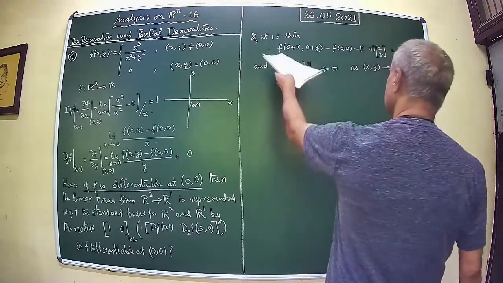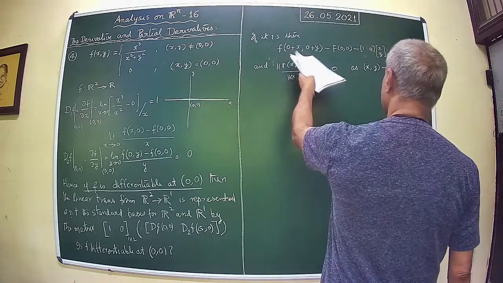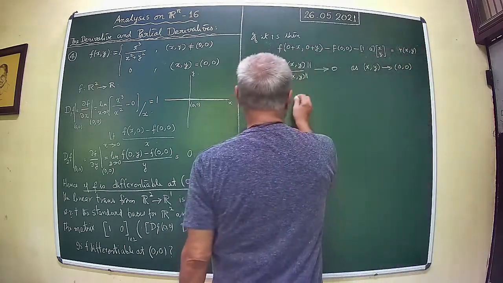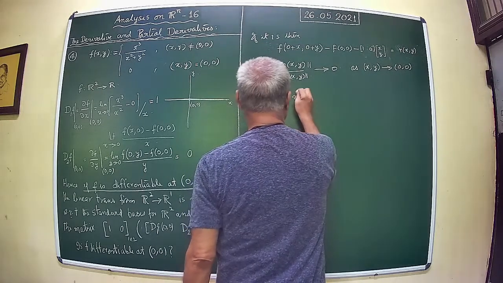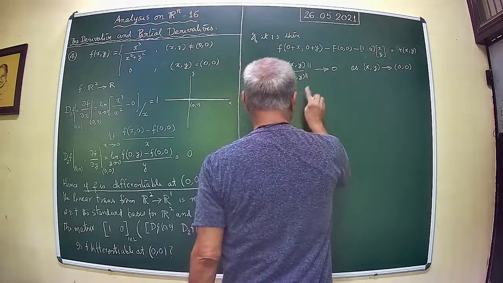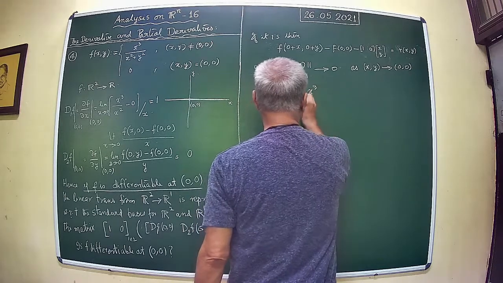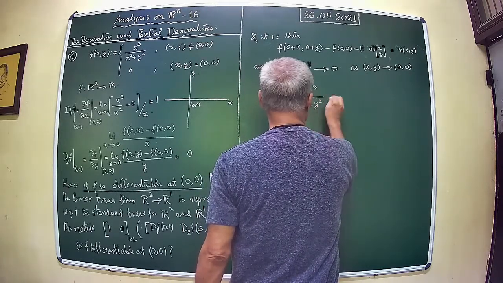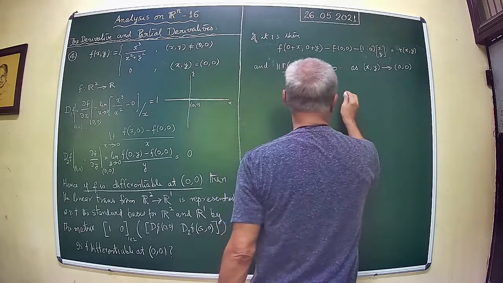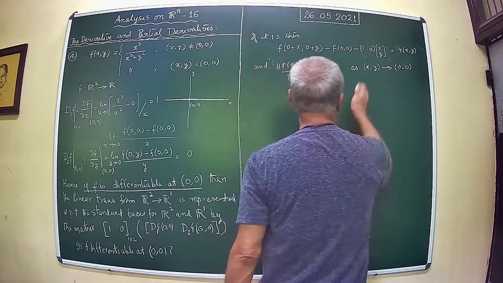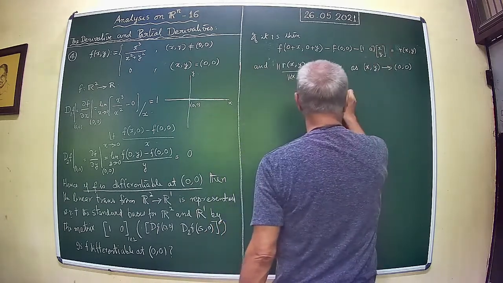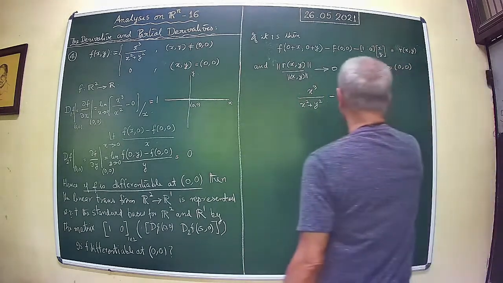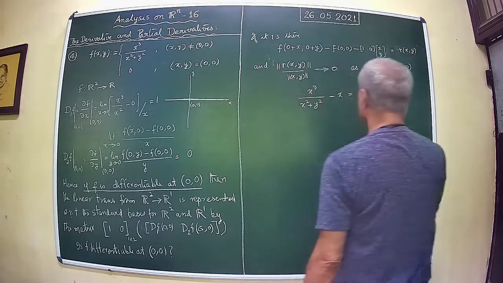What is this? This is f(x, y) minus f(0, 0). So this is actually x cube over x square plus y square, minus this part, which is x. Now let us estimate this and let us compute this.